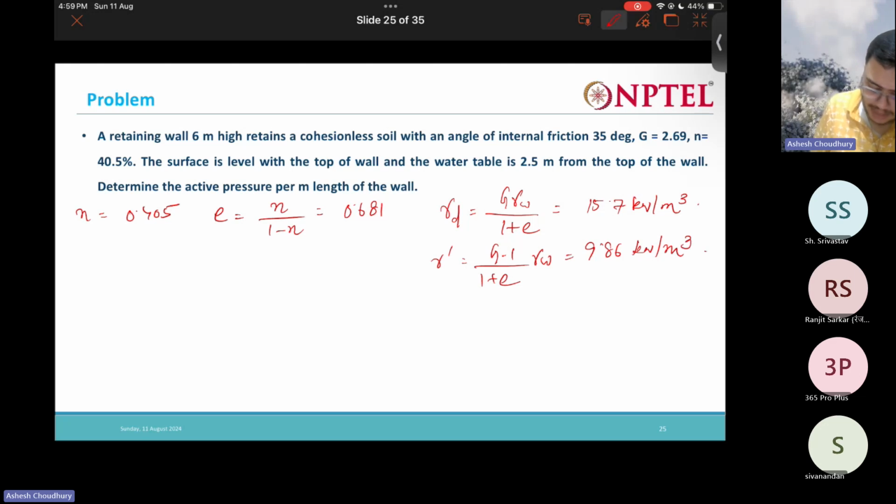Now tell me, what is the coefficient of active earth pressure? Calculate the coefficient of active earth pressure for this.